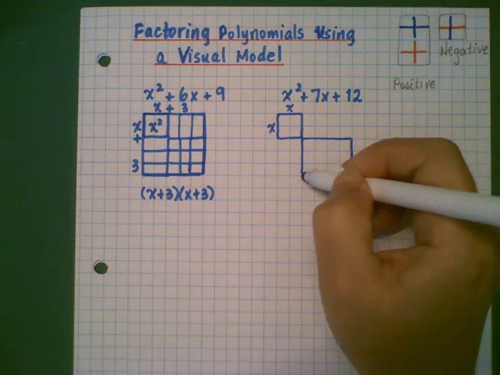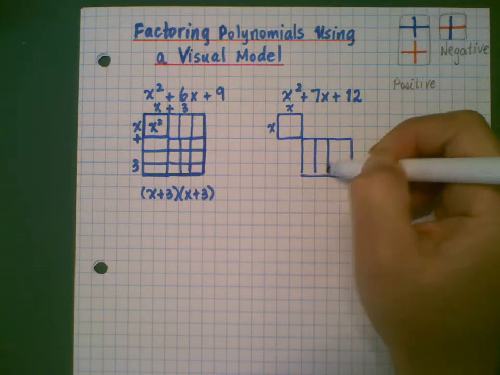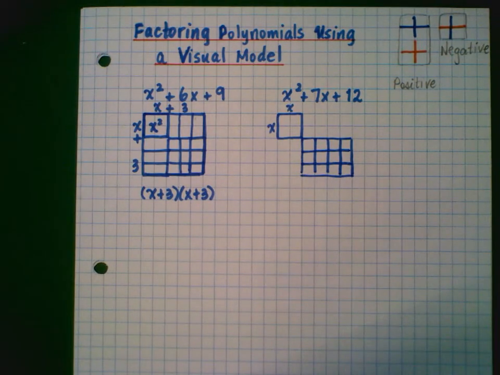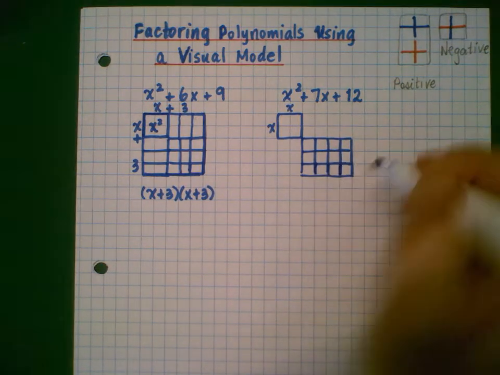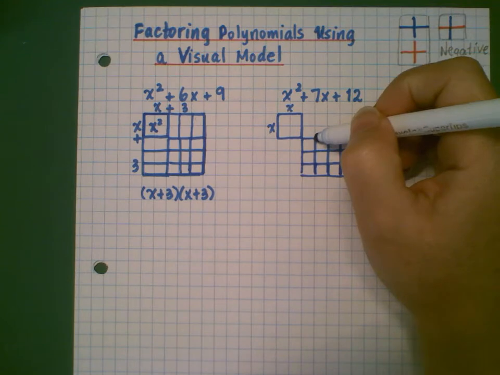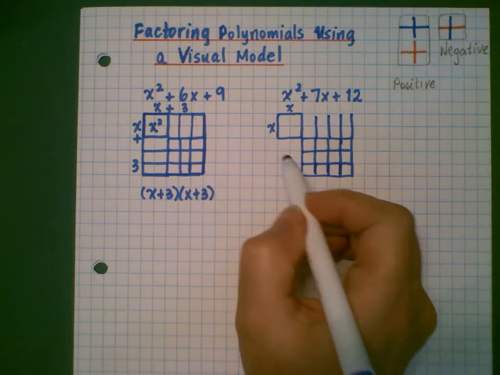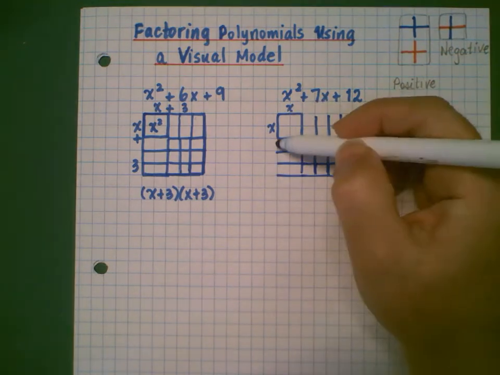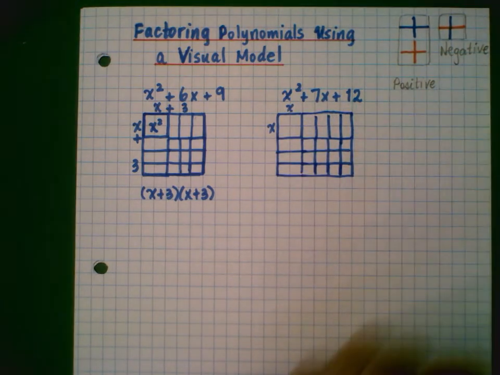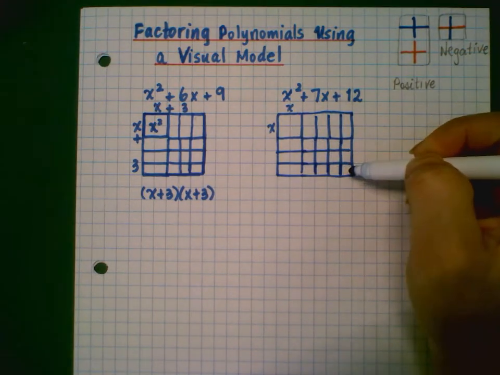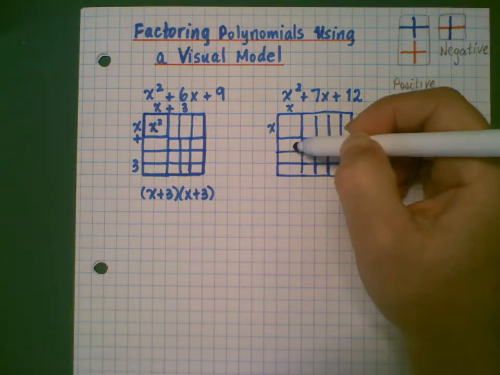So my 12 down here, I'm filling in the inside of that grid because I know that 12 is a number that's countable. Then I'm just extending those lines. So I've got x squared up in the corner here, my 12 units on the bottom right, and then the bars that are left, I've got 1, 2, 3, 4, 5, 6, 7.